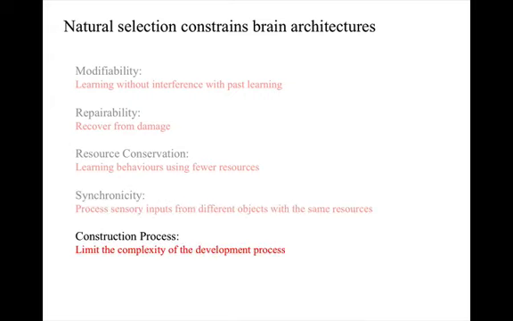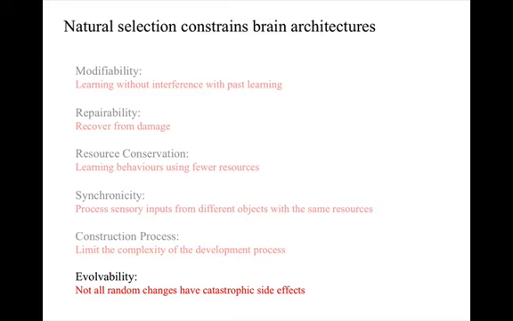Brains have a construction process. They need to develop from DNA blueprints. A species with a brain requiring a complex and error-prone construction process will be at a disadvantage. And there's a requirement for brains that isn't really relevant for electronic systems. Evolution to improve the ability to respond to the environment is based on random mutations.